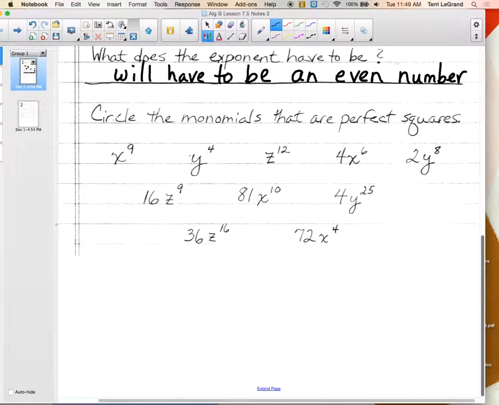You think you got 5? Okay. Now, you want to circle around there and see if we all agree with you? You just use your finger and circle around the ones that you say are perfect square monomials, and then they can decide if they're going to agree with you.